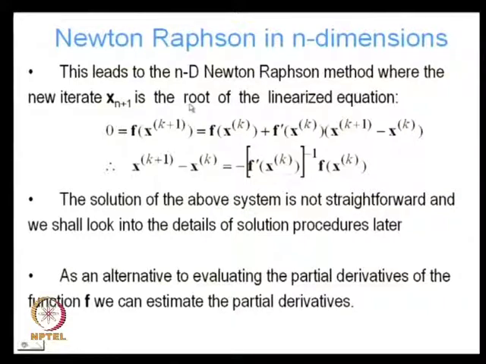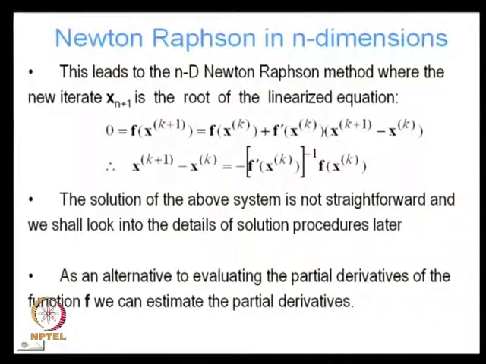Remember, how did we get our Newton-Raphson method in one dimension? We linearized it. We used the Taylor series expansion, but then we cut it off before the quadratic term. We kept only up to the linear term. So, we linearized our expression, and that led us to the Newton-Raphson algorithm. Let us do the same thing in multi dimensions.